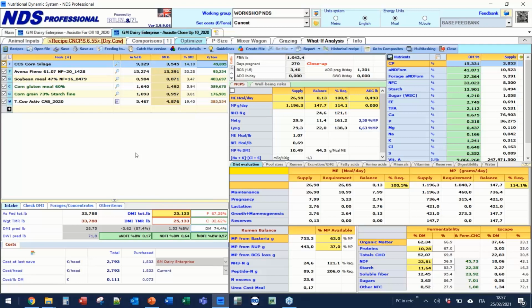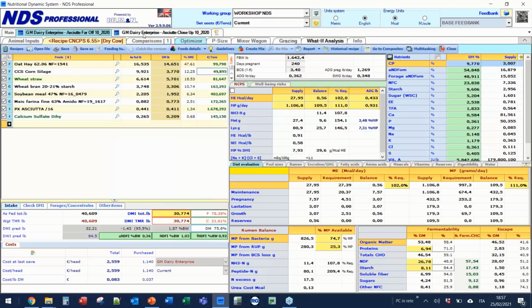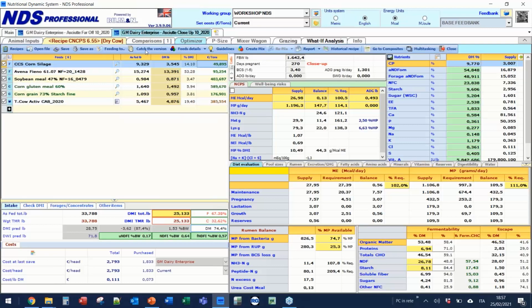Just a few words again for what concerns the metabolizable protein. We know that there are different philosophies in terms of metabolizable protein supply.